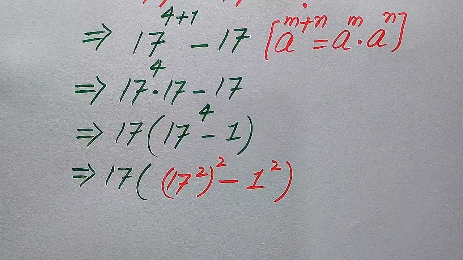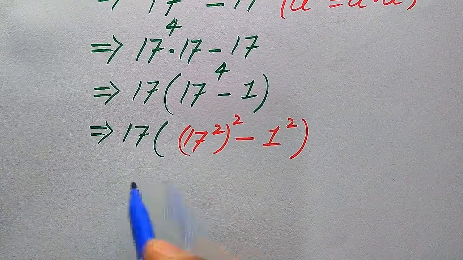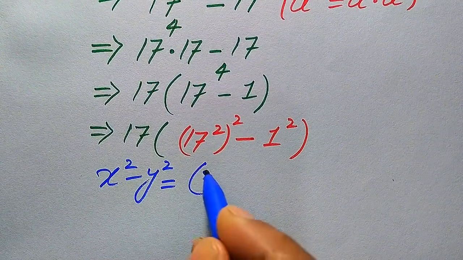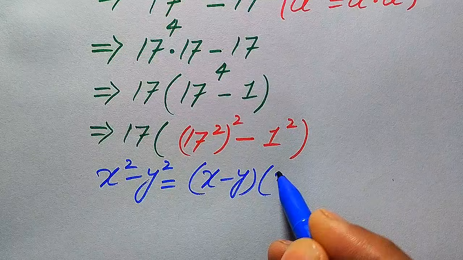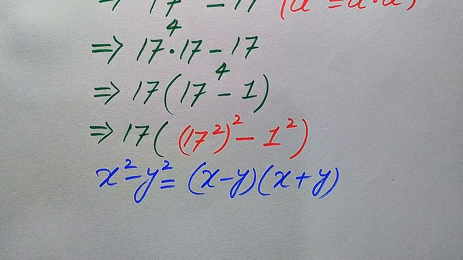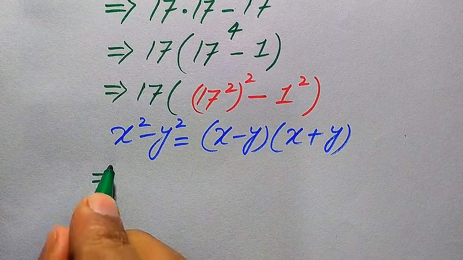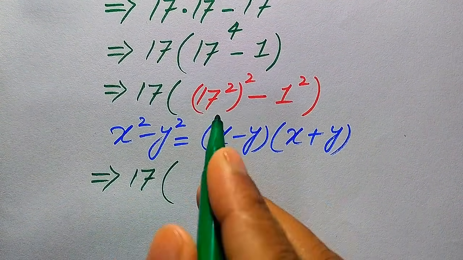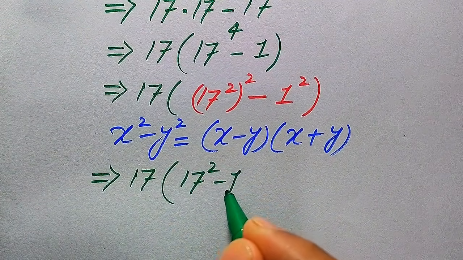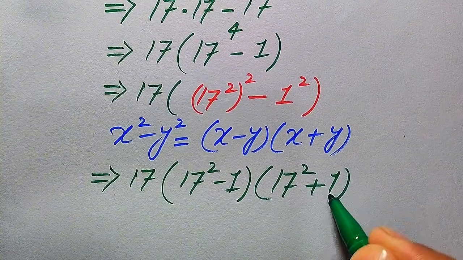Okay, so further in the next step we need to use the nice algebraic formula. You know about that: x square minus y square is equal to x minus y times x plus y. So according to this formula, we write the above expression in this form. First we have 17 times this term, and when we apply this formula it becomes 17 minus 1 into 17 square plus 1.